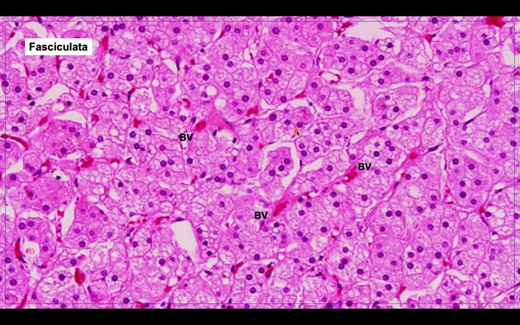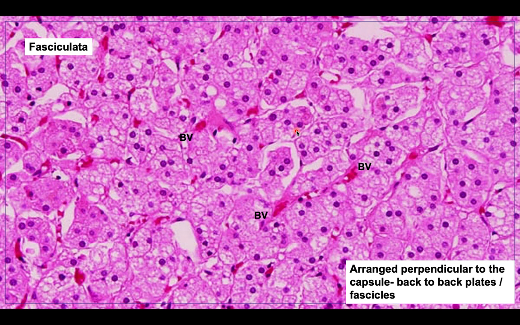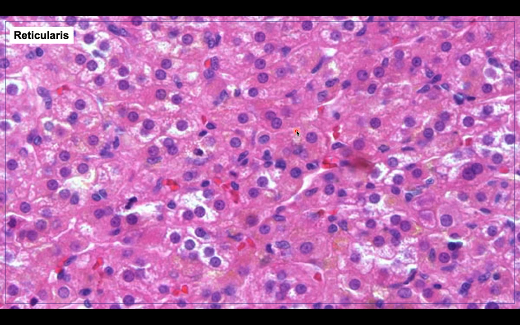The cells in the zona fasciculata, which is the thickest layer of the cortex, are arranged perpendicular to the capsule in back-to-back fascicles or plates that are separated by blood vessels. The zona reticularis is similar to the fasciculata, but the cells here are arranged in a meshwork of uniform cells.